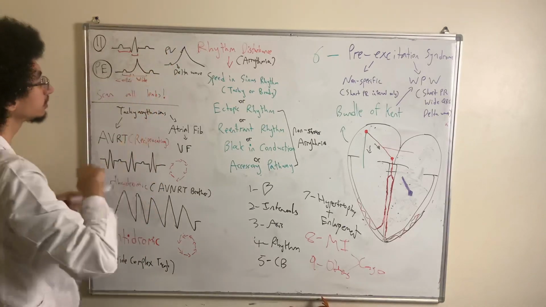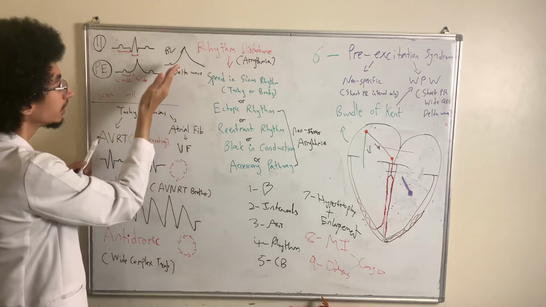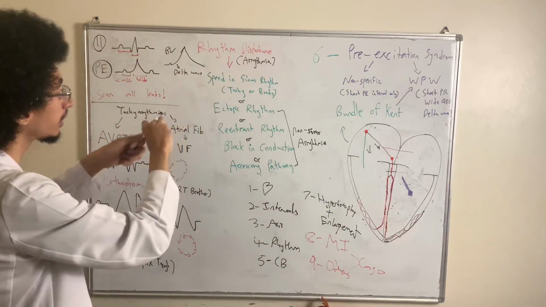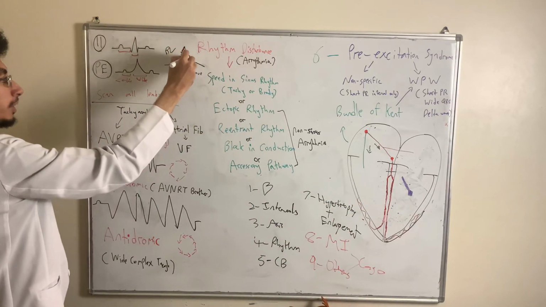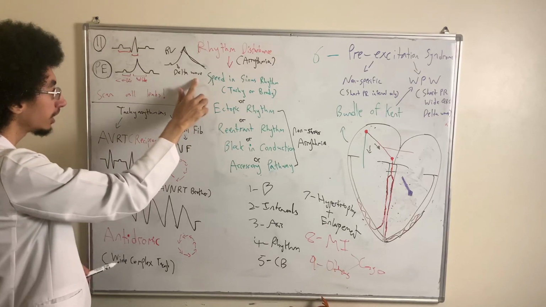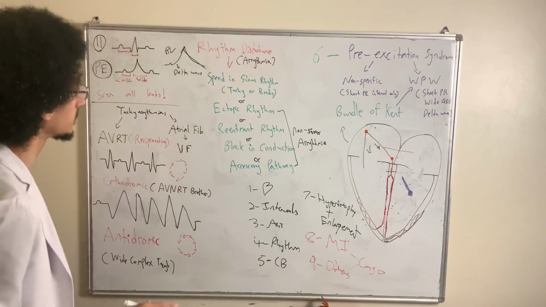So you have right ventricular depolarization contributing to the delta wave, and then followed by an additional wave of depolarization coming from the left ventricle from the AV node, the remaining part. And specifically the delta wave will contribute to a widened QRS complex.